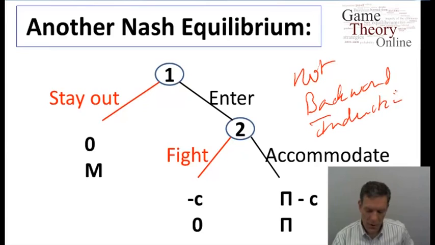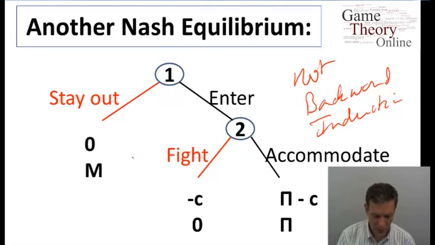So what do we end up with? We end up with a set of Nash equilibria including more predictions, some of which are not predicted by the backward induction algorithm, whereas backward induction algorithm always predicts a Nash equilibrium, but it might not predict all of the Nash equilibria. So there are some games where there's more Nash equilibria than the backward induction solution.